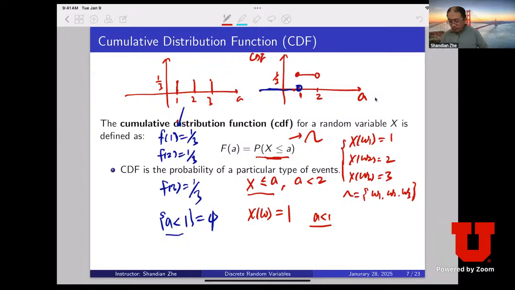But then if A is less than 2, but not less than 1, right? 1 less than or equal to A and A less than 2. For example, A could be 0.5, 1.5, right? If you look at this, X less than or equal to A in this case will simply be what?